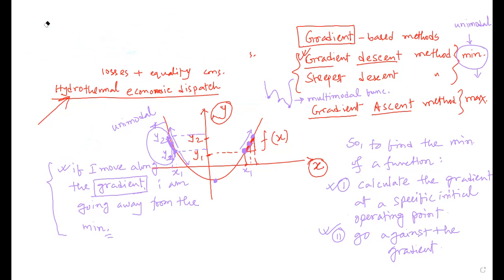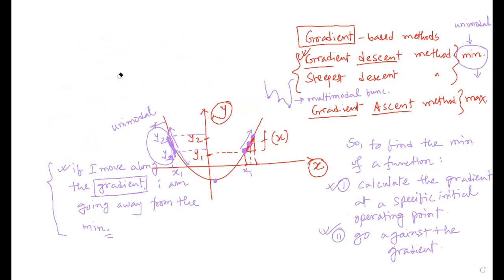Why are we calculating the gradient, and why do we have to go against the polarity of the gradient? You have to calculate the gradient because you have to know in which direction you have to actually move. Unless you know the direction of the gradient, you cannot decide in which direction to move.